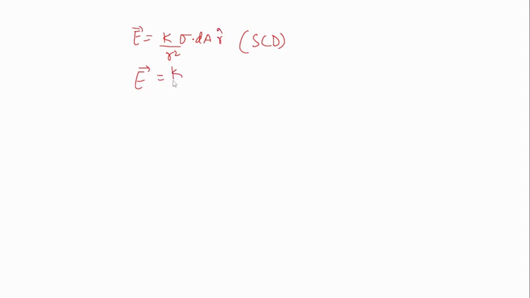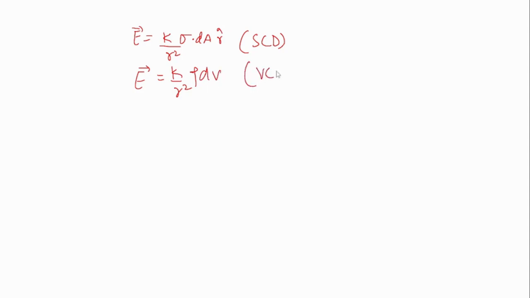Similarly, you can derive the electric field due to surface charge distribution. It will be K over r square sigma times dA, where dA is the elemental area. And for volumetric charge distribution, it will be K over r square rho times dV.